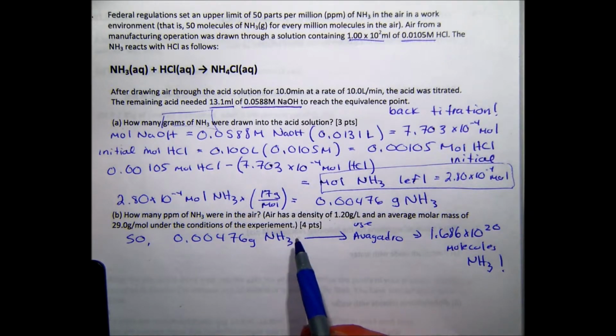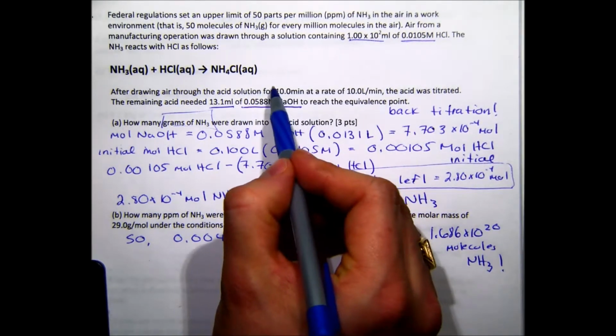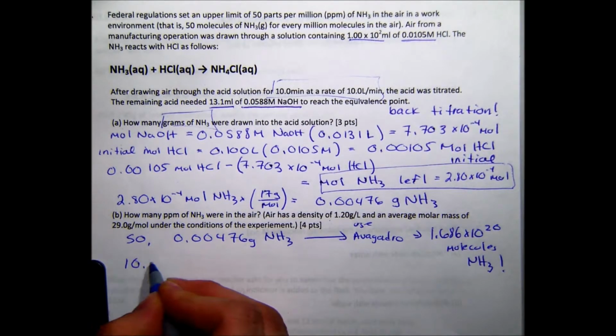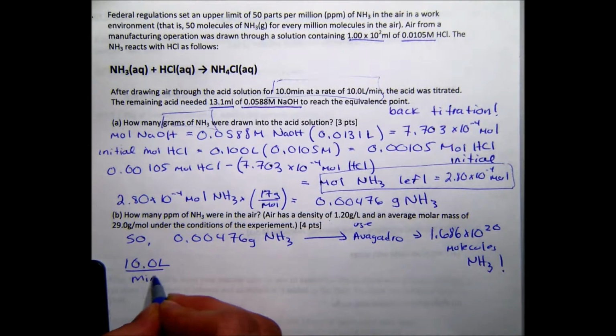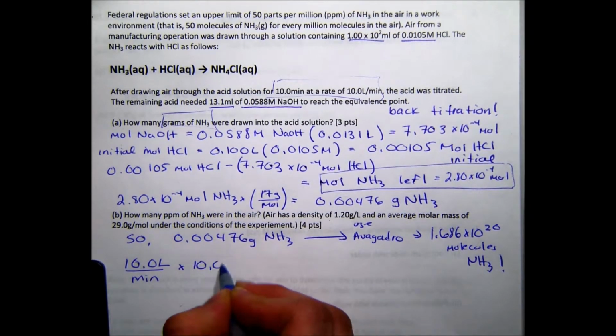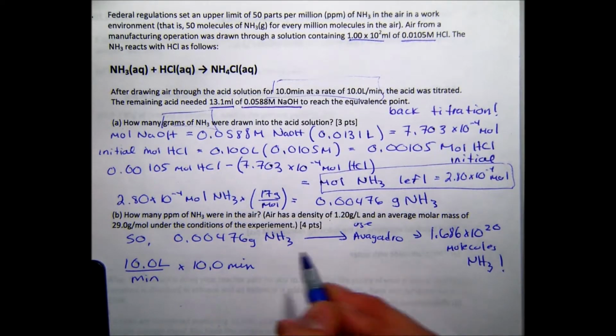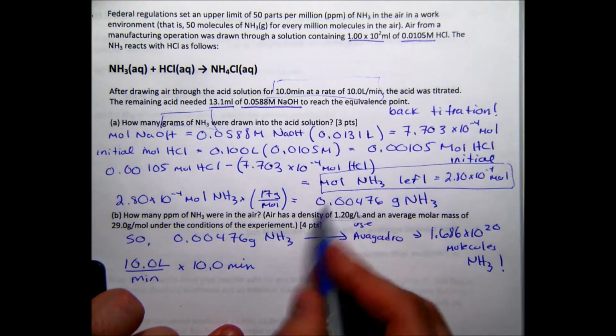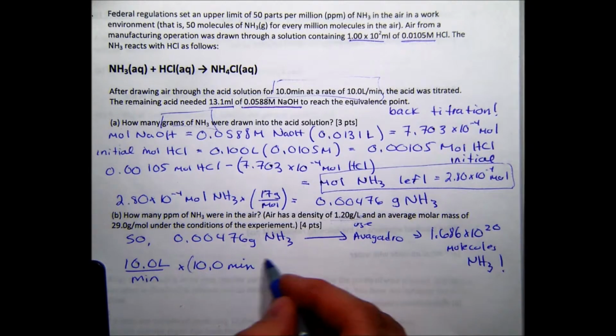So that part's already done for us. We need to figure out exactly how many moles of air are pulled through this solution. So we have the fact that there is 10 minutes at 10 liters per minute. So let's figure out how many liters of air were pulled through the solution. So 10 liters per minute times 10 minutes. Hopefully we don't need a calculator for this, but we're just going to keep it going.